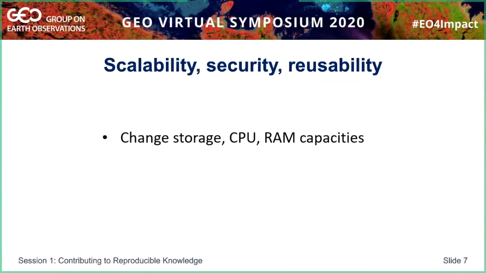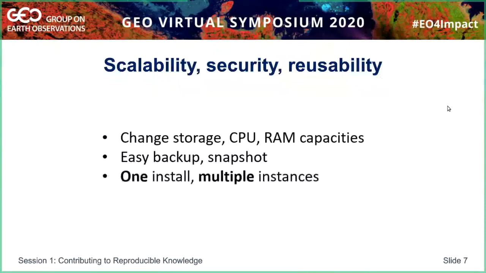And then if you want to process images over the whole country, you can just add storage, CPU, and RAM capacities easily. You can also make easy backups and snapshots of your machine, of your disks. So that's also an advantage. And you can make one install and then use multiple instances with that install. I will come back later on that point, but that's really what will be useful here.